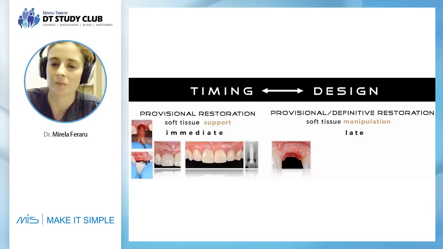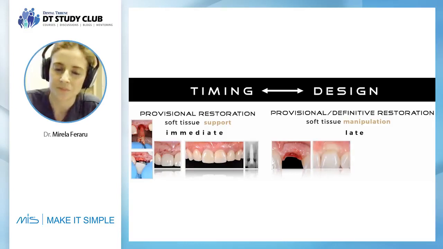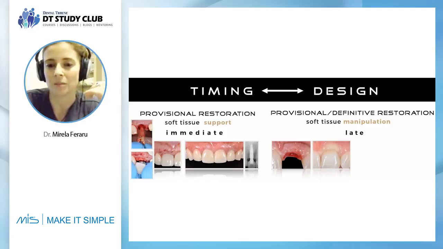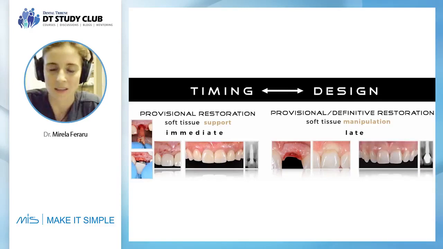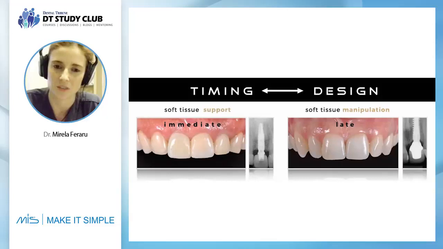For example, in a late approach, we can actually manipulate the position and the contours of the tissues, because we know that these tissues being mature, they will be able to withstand the changes that we are trying to imply with our ceramic restoration. And this again can go for the provisional, as well as for the definitive stage.